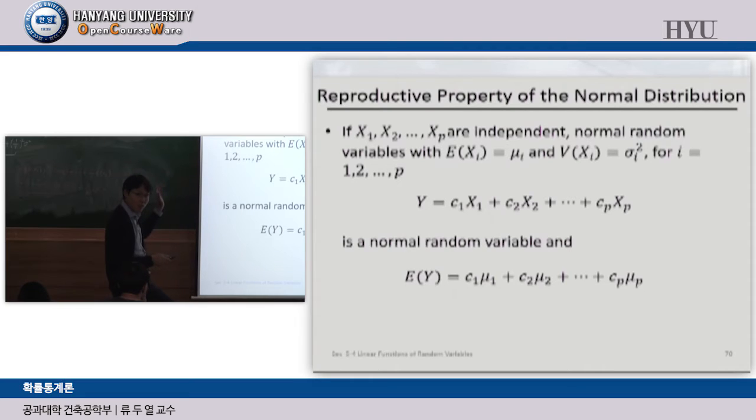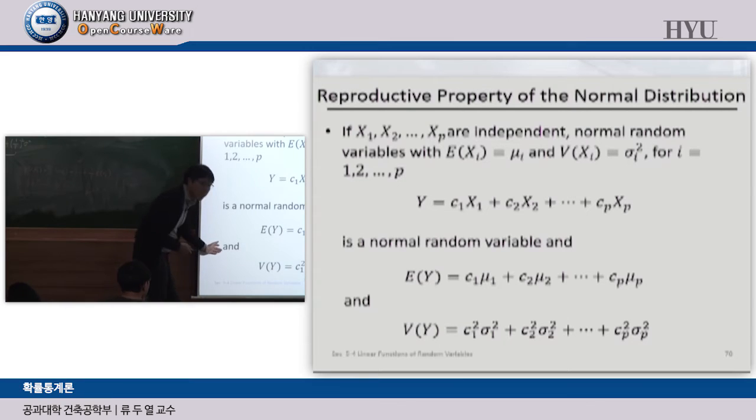This is the same formulation as the previous one, where the E of x1 is just changed to mu 1. And the variance of y is equal to c1 square sigma 1 square plus c2 square sigma 2 square, plus up to cp square sigma p square, because the variance of xi is sigma i square. So we can use the same formulation, and the new random variable y is also following the normal distribution.